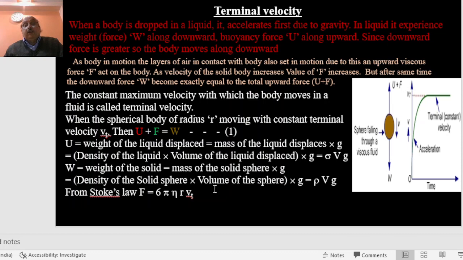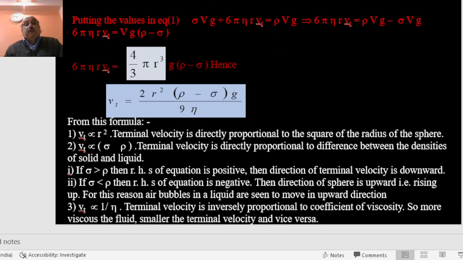Now we will plug the values of the buoyant force, the viscous force and the weight into equation 1. Then sigma Vg, that is the buoyant force, plus 6 pi eta r vt will be equal to the weight of the object, that is rho Vg.